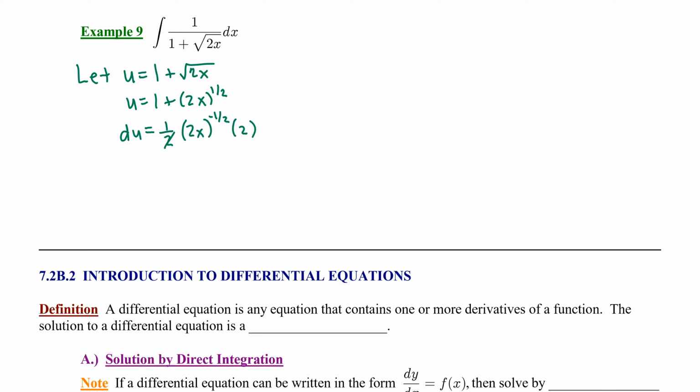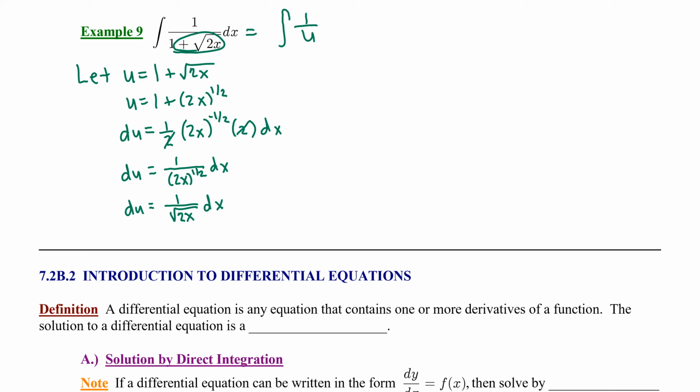Notice the 2's here cancel, and we can rewrite that 2x to the negative 1/2 as 1 over 2x to the 1/2, or maybe it would be easier to see it 1 over the square root of 2x. Oh, and I lost my dx. Don't lose your dx like I did. Okay, got it back.